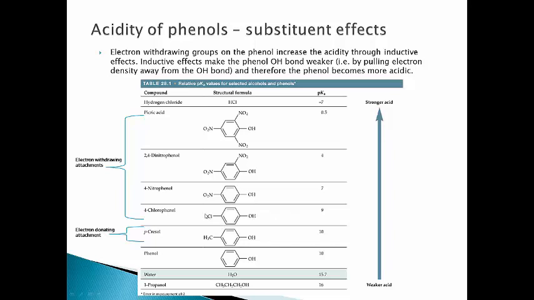Groups that are not electron withdrawing, that are the opposite, electron donating, are things like carbon groups, so CH3 or any sort of aliphatic chain. So you can see the pKa is a lot higher, so it's a weaker acid, and phenol with nothing on there sits at 10. Remember, like we said last week, the smaller the pKa, the stronger the acid.